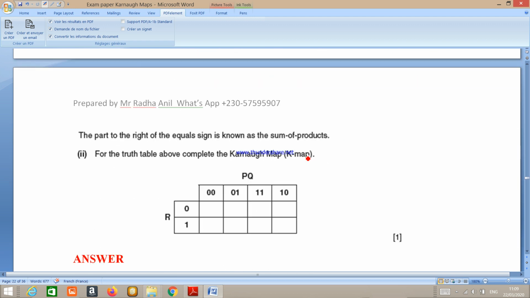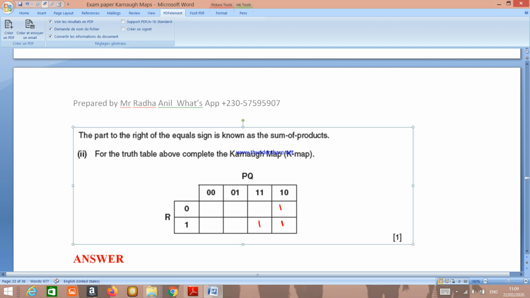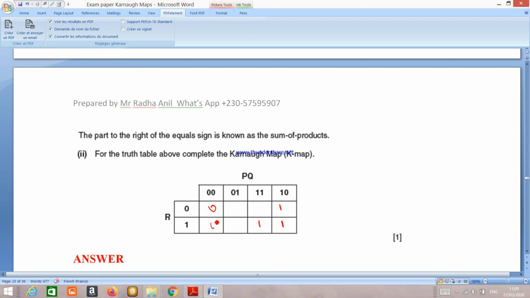We have to populate the Karnaugh map. Okay, now the 3 terms will be like this. We have 1 and 1, 0, 0, 0, 0, 0 here.